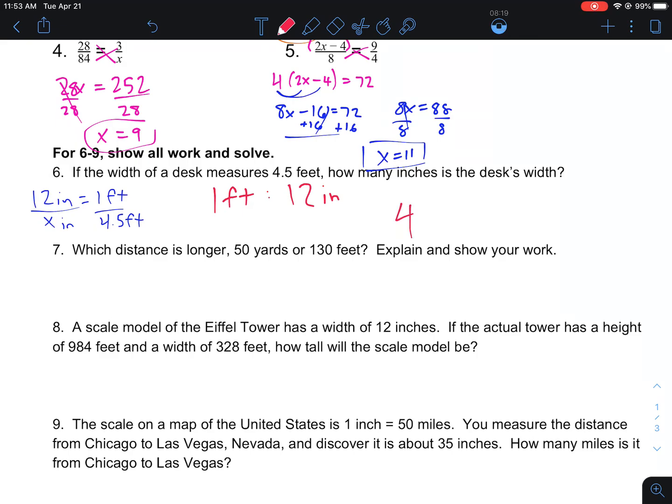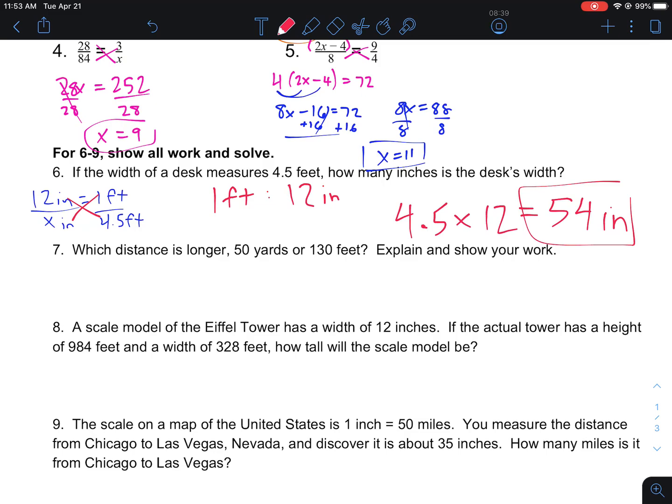You could just kind of mentally think this is 4.5 times 12, which is the work you would have done in your cross multiplying anyways. So if that's your choice, or if cross multiplying is still what you prefer, that's fine. But that's a way of showing a little bit less work if you do it that way.